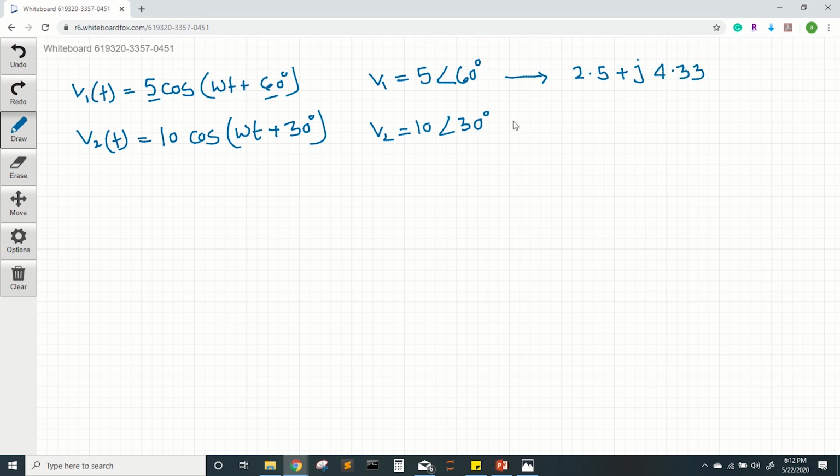For the second value, similarly, 10 cos 30 degrees, where cos 30 degrees means root 3 by 2, means 10 into 1.73, which is 17.3, divided by 2 is 8.65. So 8.65 plus j of 10 sine 30 degrees, which is half, so 5.